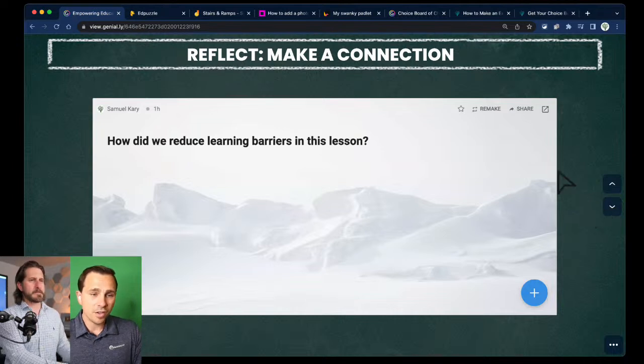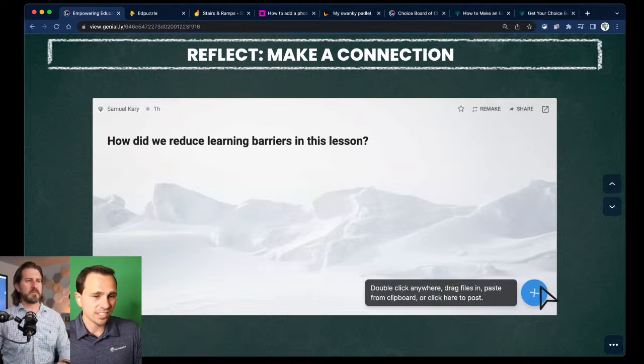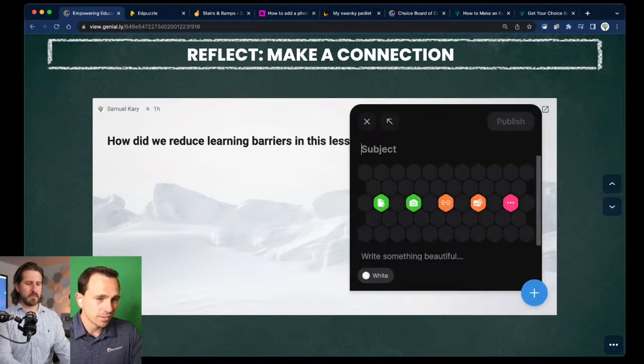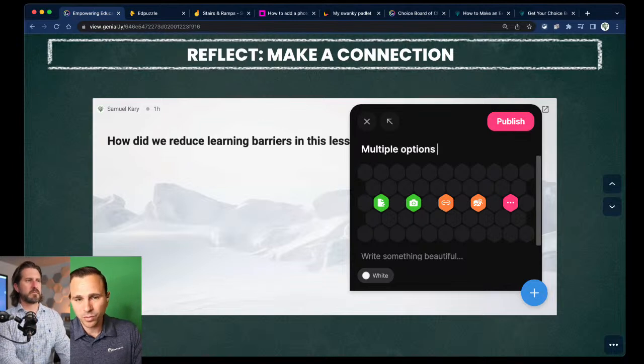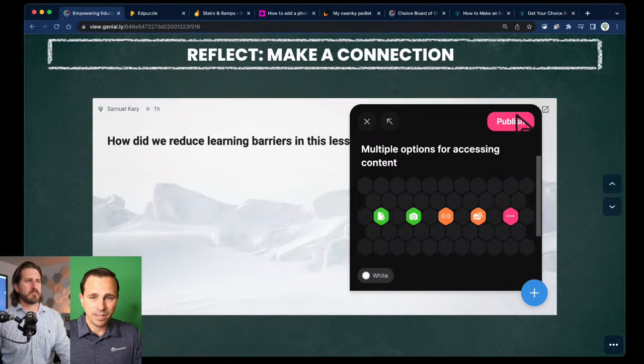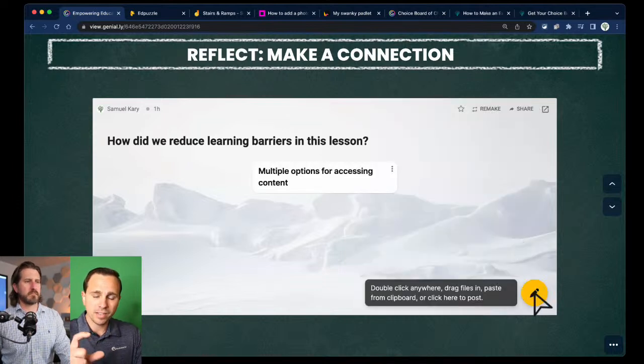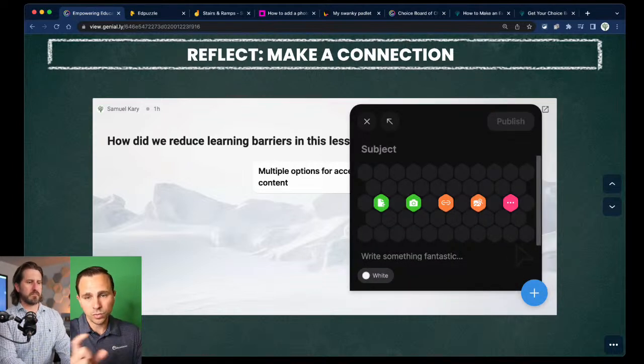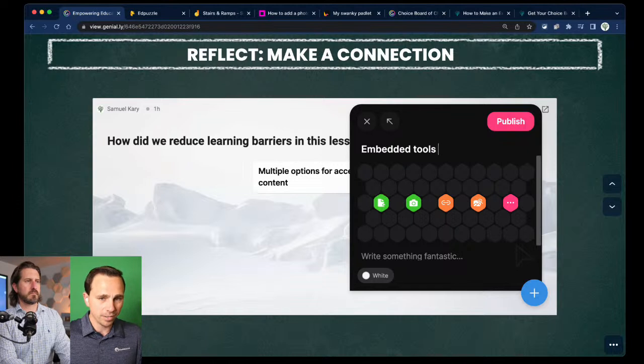Right. I think one was that you gave multiple options for accessing the content that you were teaching, right? So you have some video tutorials, you have some embedded walkthroughs. And I think the modeling of the different tools and formats during it is also modeling the different types of UDL strategies that you can then implement later, right?